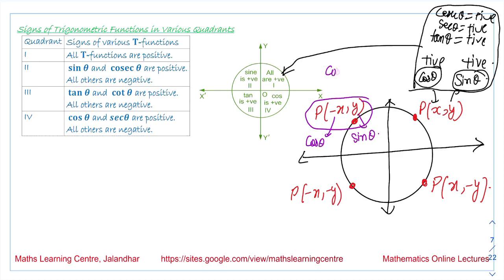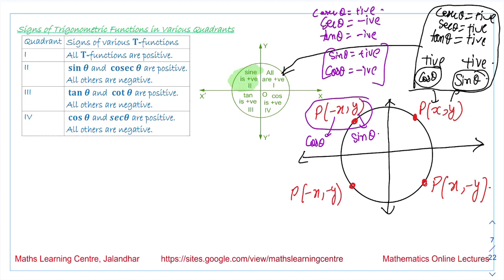So we are saying cos theta is negative, sin theta is positive. On dividing both these values, we get tan theta is negative, secant theta is negative, cosecant theta is positive. So basically we are saying that sin is positive, cos and tan are negative.